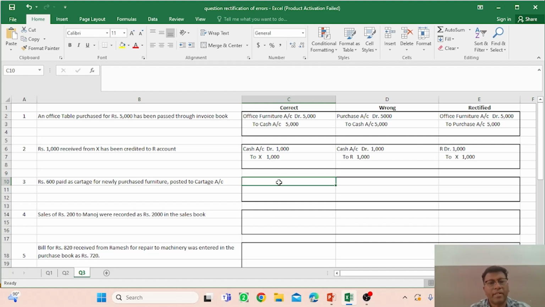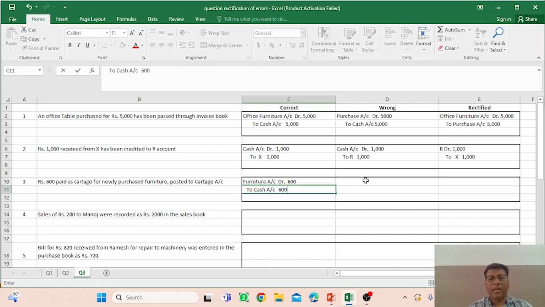So if the cartage for newly purchased furniture was wrongly posted to cartage account, you have to consider that this is the cost of the furniture and you should include it in the cost of furniture, right? So you have to make the correct entry, that is furniture account debit, and the amount is rupees 600, to cash account rupees 600.